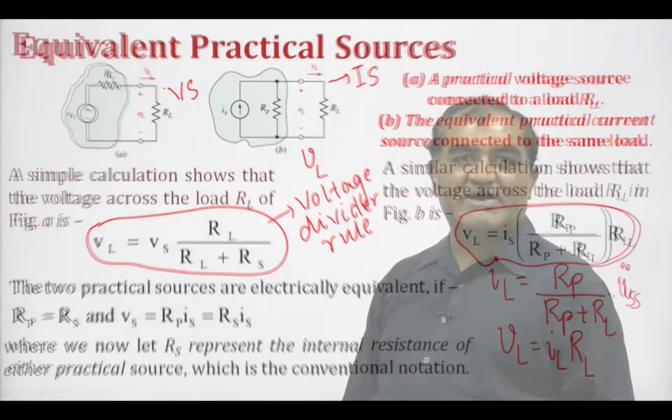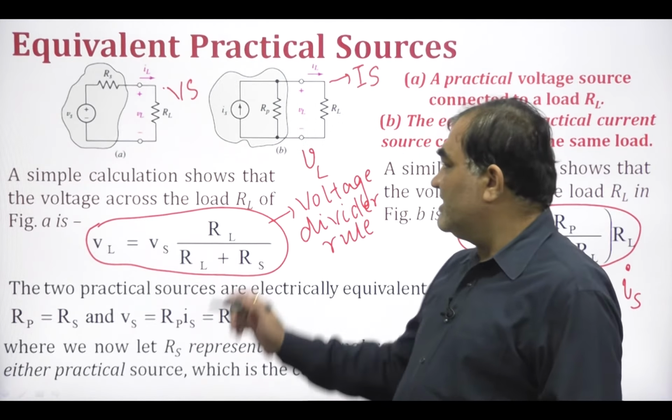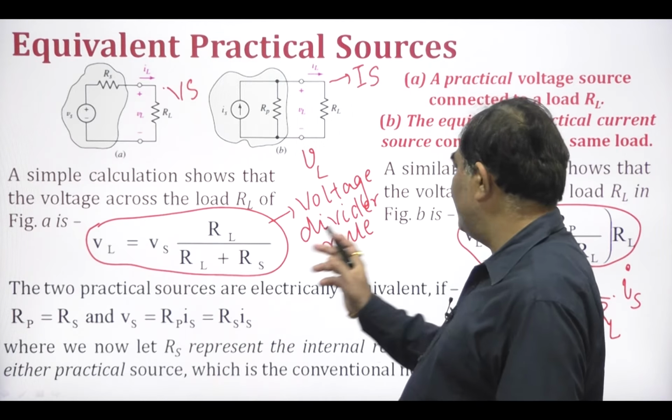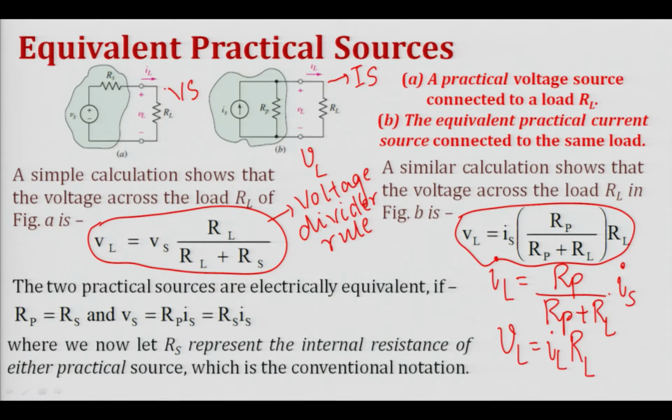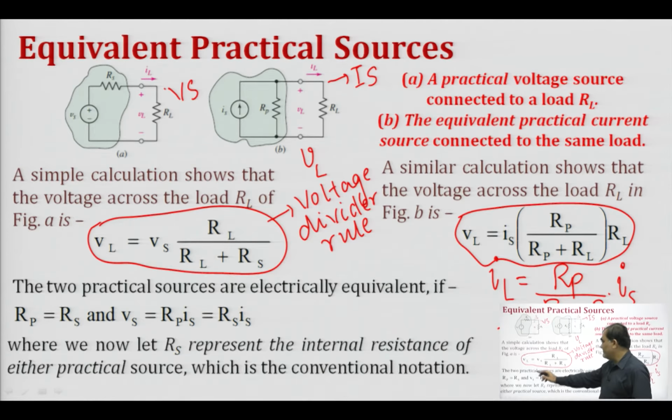sources are equivalent in nature, then the two load voltages will be the same, and equating these two equations, we get the condition that V_s equals R_p into I_s, or R_s equals R_p, and also we get the condition R_p equals R_s.